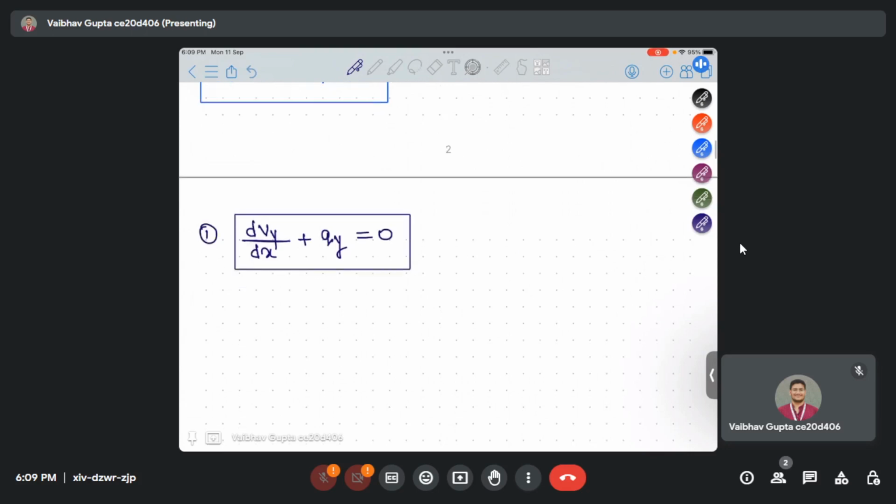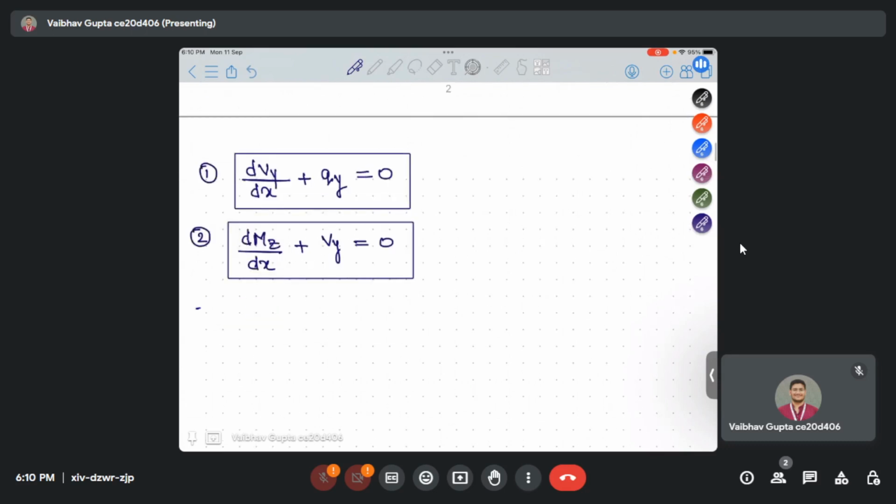For detailed derivation, you can go to the last parts of week 6 and initial parts of week 7. Second, dMz by dx plus vy is equal to 0. Mz is nothing but bending moment in z direction, vy is shear force in y direction, and qy is loading applied along the y direction.